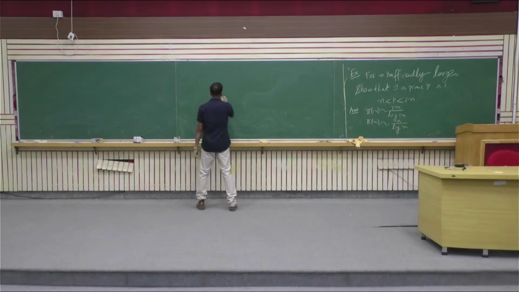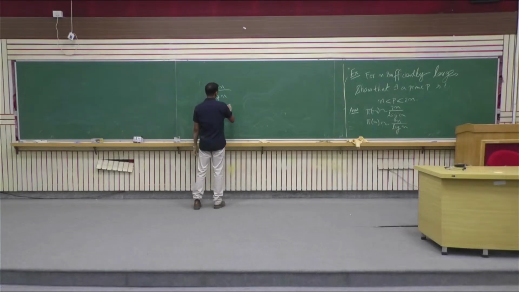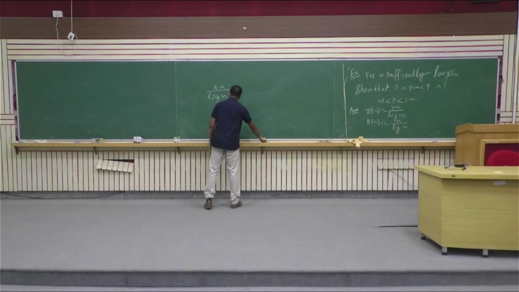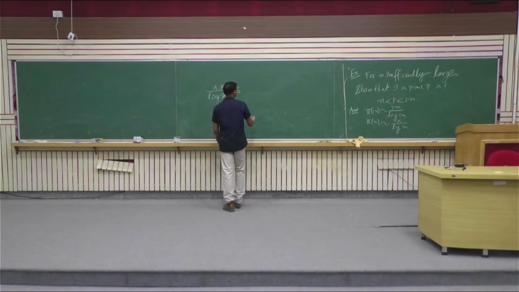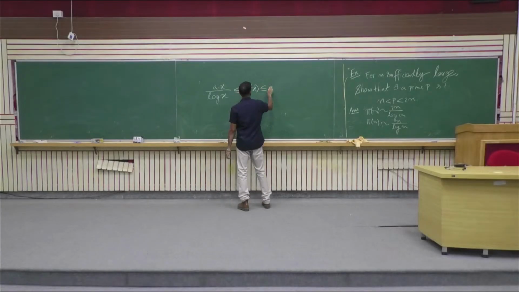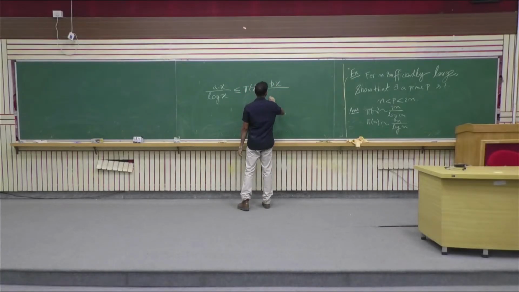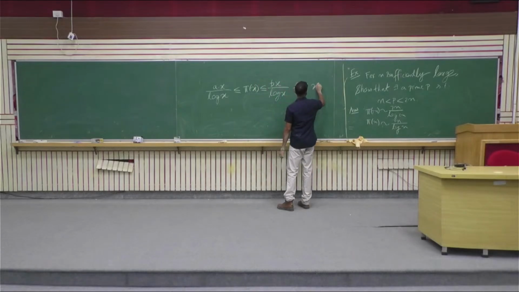So suppose we have that x log x is less than or equal to the bound for x sufficiently large.